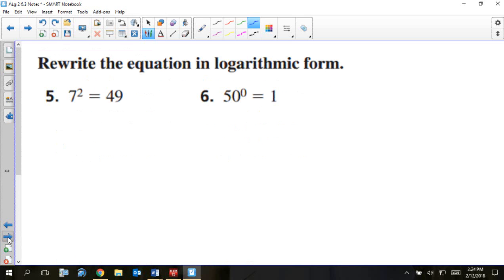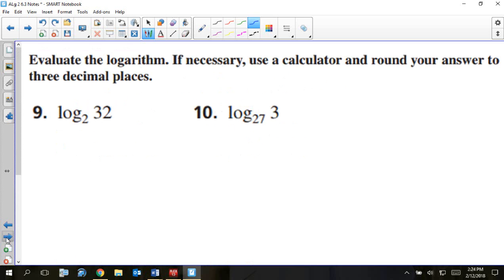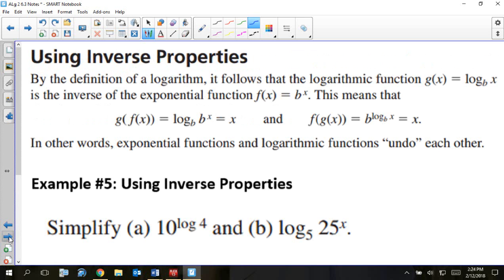We got one more thing. This is the last thing. We're going to start talking about how these are inverses. Remember on the calculator how the log button had 10 to the x above it? These are inverses.